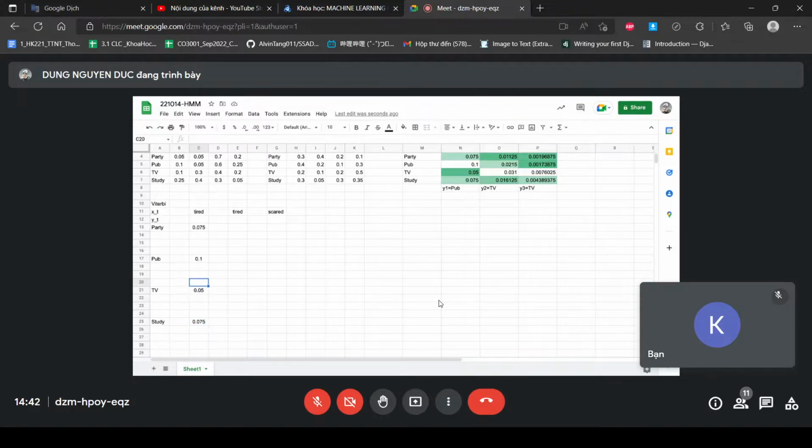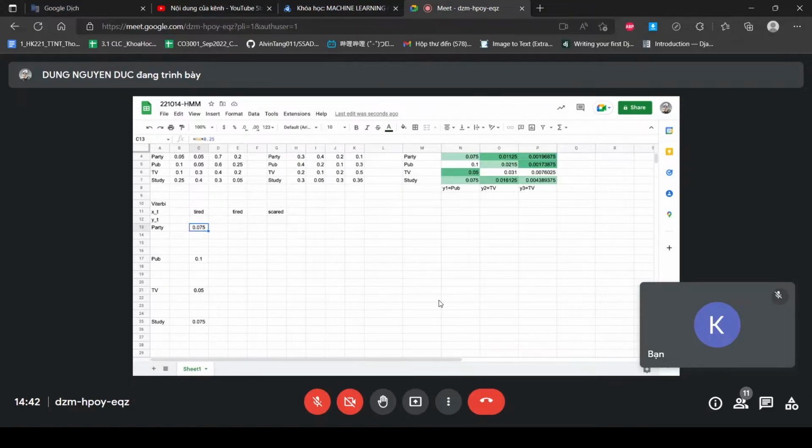But then we have to calculate the joint probability of the sequence of hidden states given the sequence of observations. So, according to what you know in the Viterbi algorithm and the formula that I just wrote for you in the slide, you need to go from this state to the next state, which is party, but observe tired.